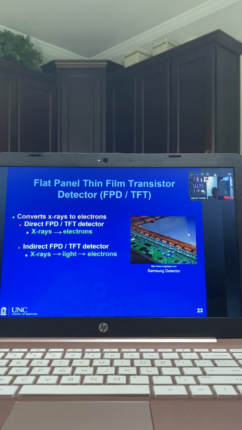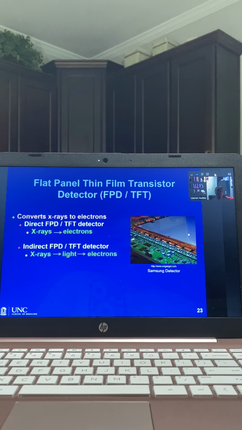So that's why the PSP plate is indirect, because we go from X-rays, and yes, we do go to electrons, but then we also have light involved. And the fact that there is light in the process makes it an indirect detector. And then ultimately, at the end, we do end up with electrons, and that's our image data. Okay. So you okay with that? Okay, you could trace those steps or also list the composition of the detector. Okay? All right.